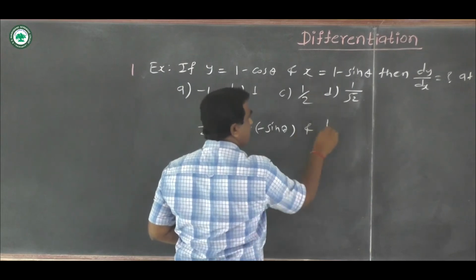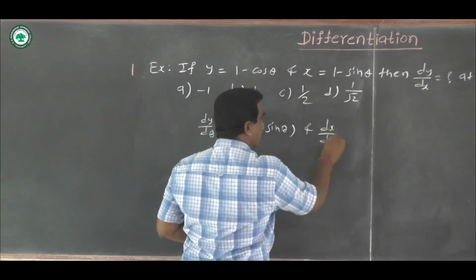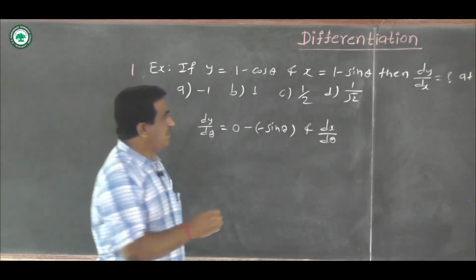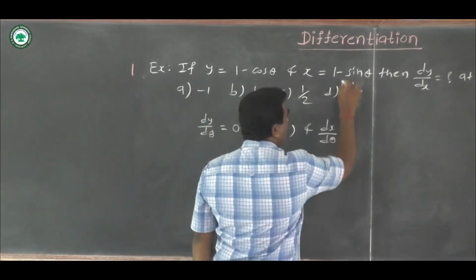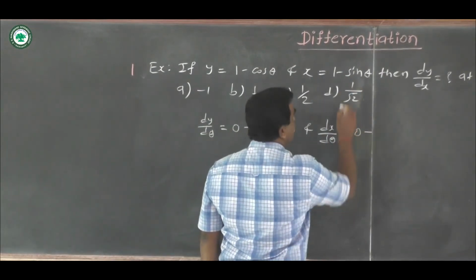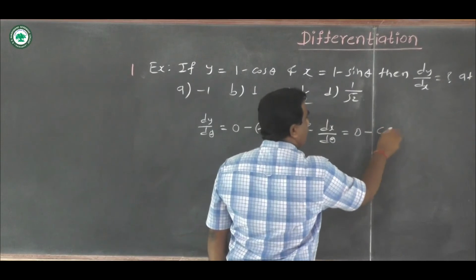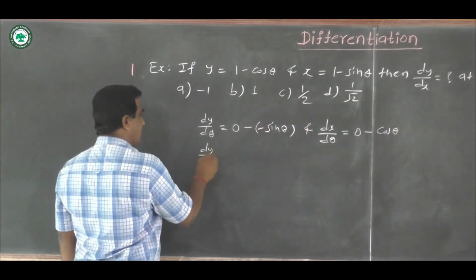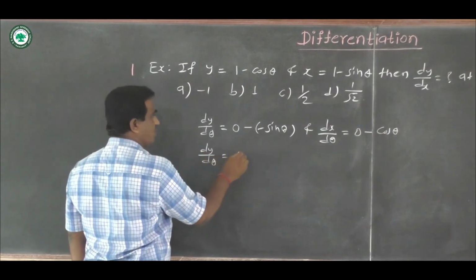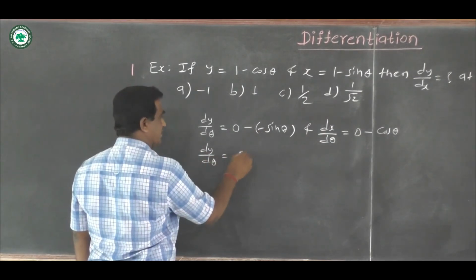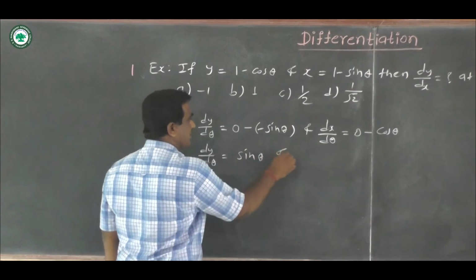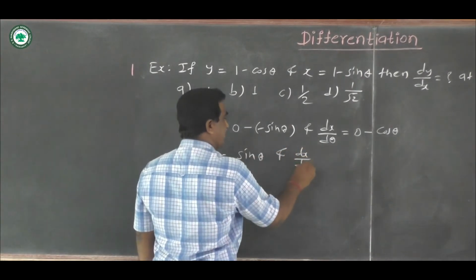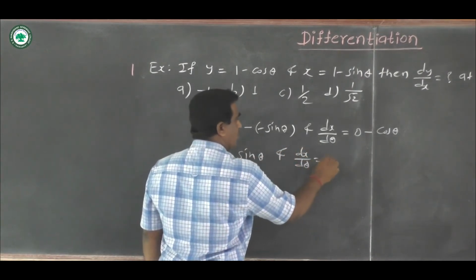And dx by d theta is equal to the derivative of the constant 1, which is 0, minus the derivative of sin theta, which is cos theta. That is, dy by d theta is equal to minus into minus, plus sin theta, and dx by d theta is equal to minus cos theta.